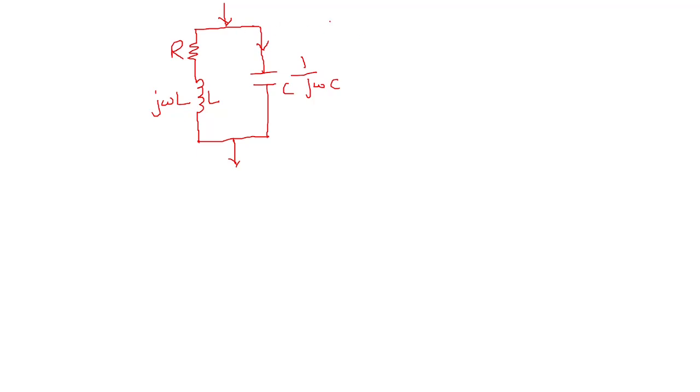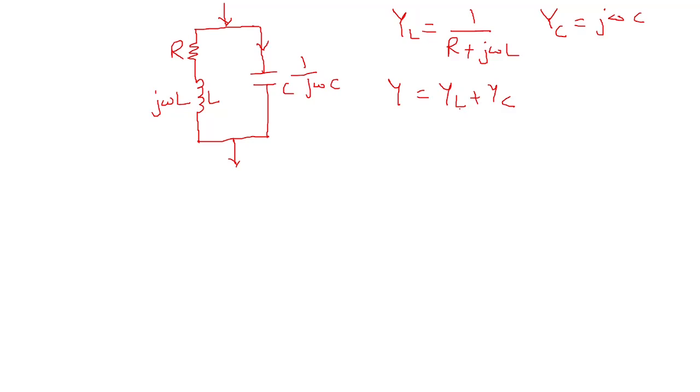The admittance of the inductor arm will be YL, which is 1 upon R plus j omega L, and the admittance of the capacitor arm will be YC equal to j omega C. The total admittance Y will be equal to YL plus YC.